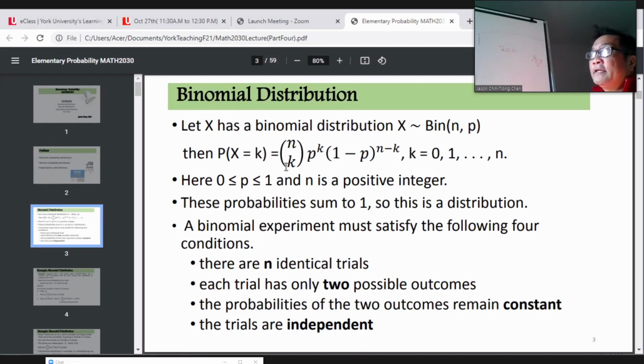I repeat, my class has 200 students. 90% of the students got A in the past. The probability of a student getting A is 90%. I have 200 students in this semester. In the past, the probability of getting A for this course is 90%.